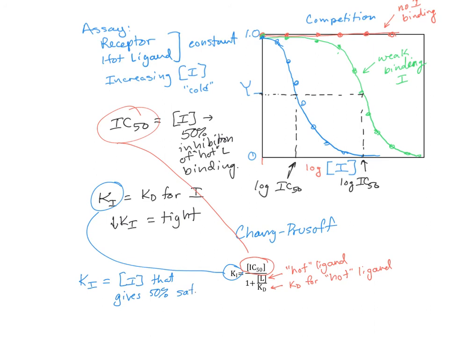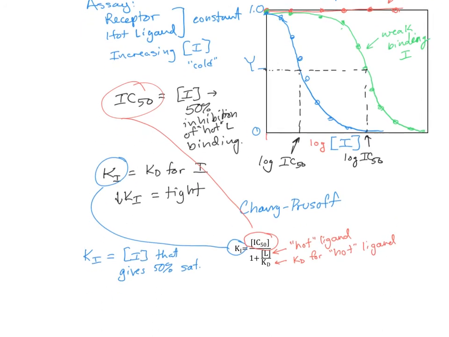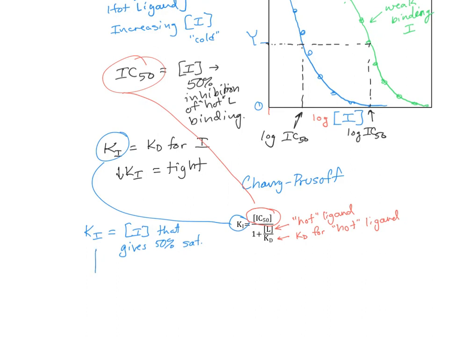So if I were to just interact that drug with the receptor without any competitor around, whatever inhibitor concentration gives me 50%, that is what the Ki is. What that tells you, and this is really important, is that this has units related to concentration. You better end up with something like micromolar, nanomolar, femtomolar, molar, whatever. It's almost always going to be one of those molars, because it is a concentration of inhibitor that gives 50% saturation.